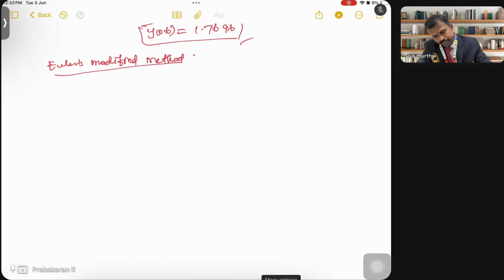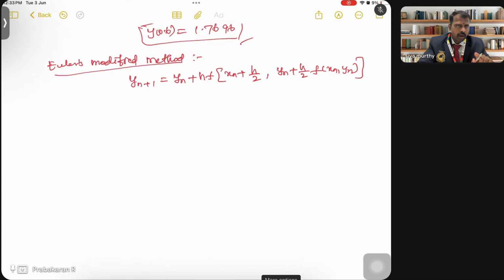The Euler's modified method formula is yn plus 1 equal to yn plus h f of xn plus h by 2 comma yn plus h by 2 f of xn comma yn. See the difference between Euler's method and modified Euler's method. We need some accuracy, right? It's more efficient and faster to solve the particular differential equation.